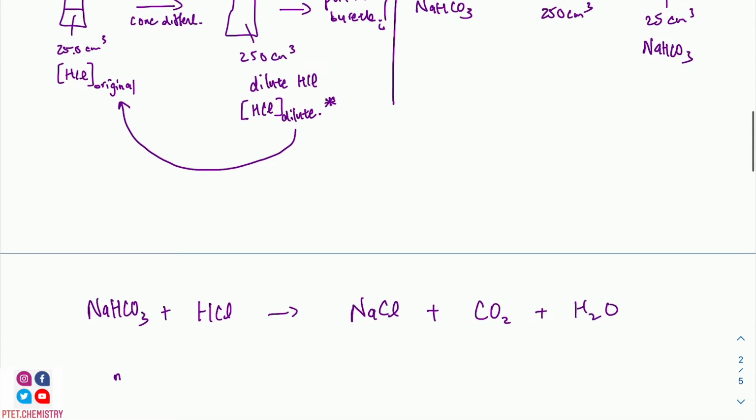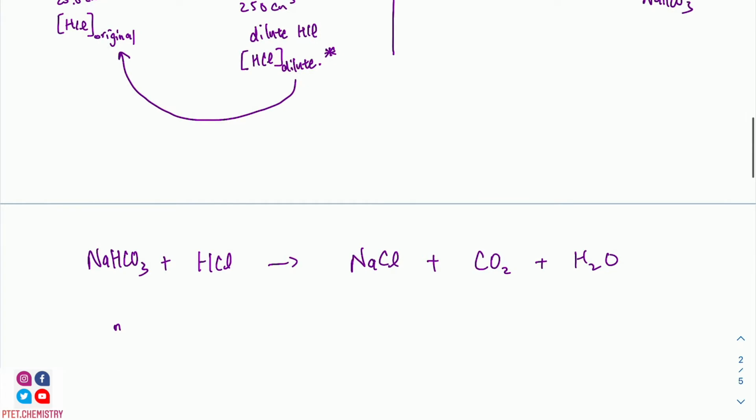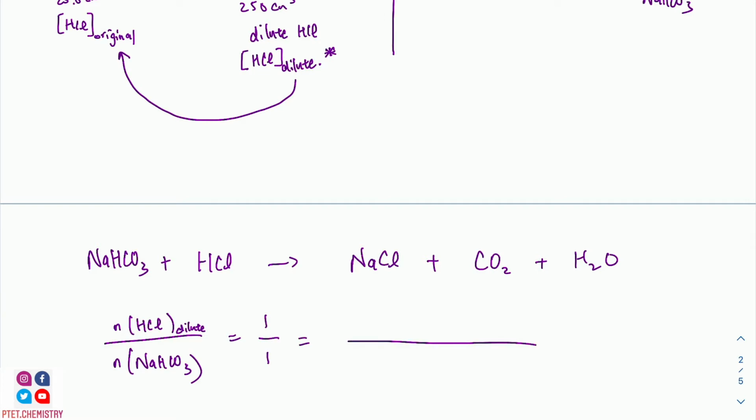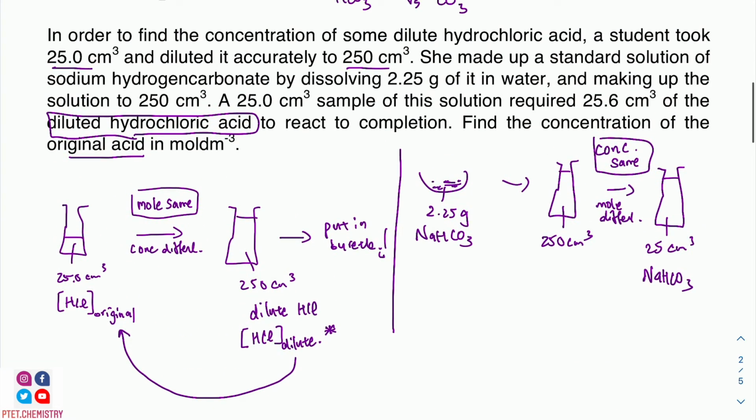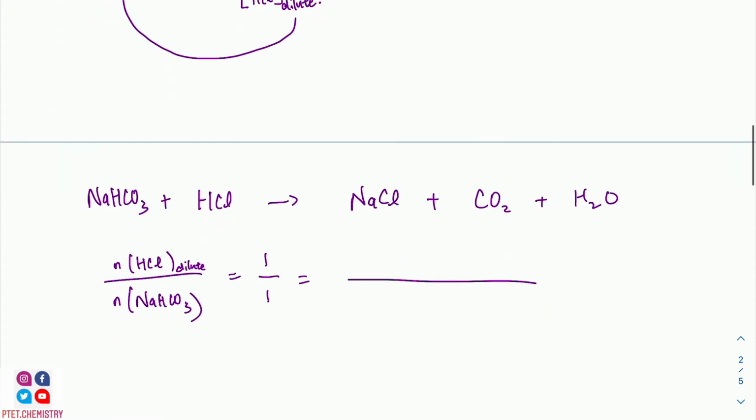Okay, so I would need the mole of the HCl over the mole of the NaHCO3. But I'll take note that it is the HCl of the dilute solution, okay? So it's 1:1. The dilute solution of the HCl, I will need 25.6 cm cube of it. So 25.6 cm cube of the dilute acid.